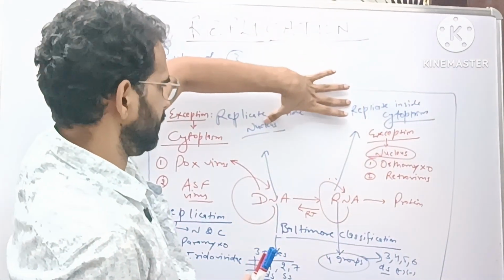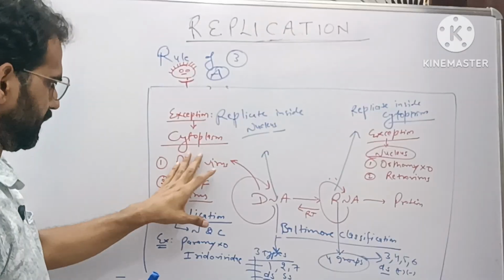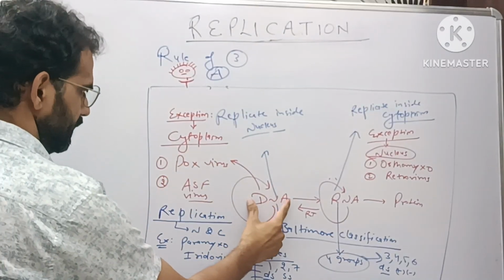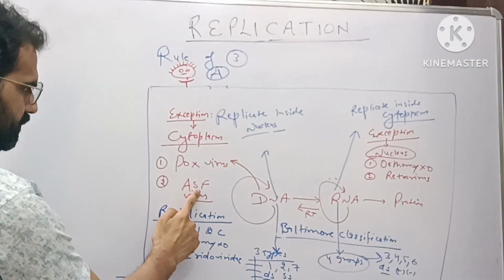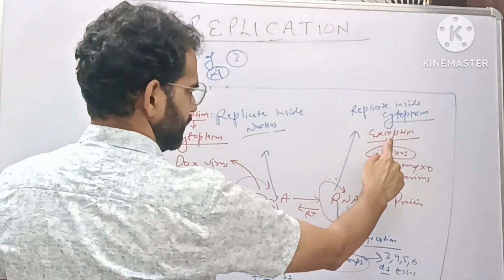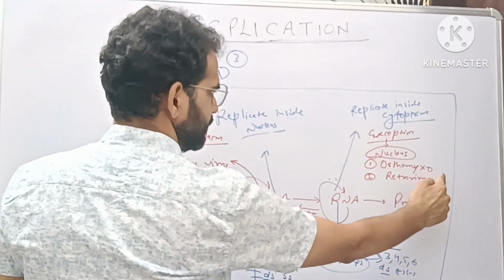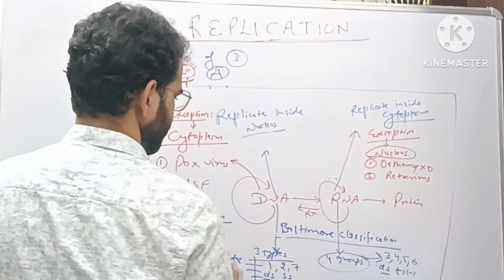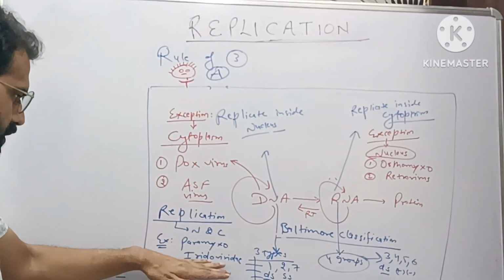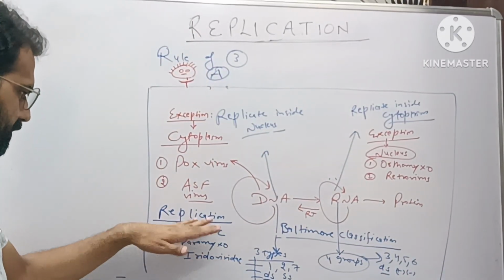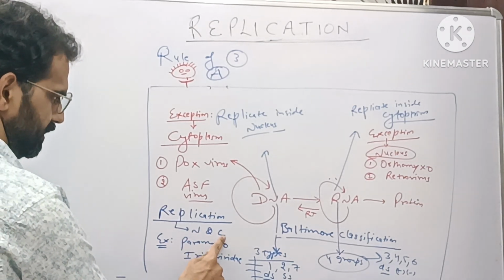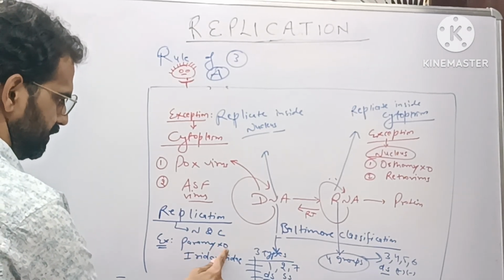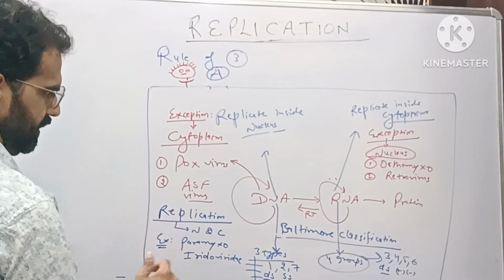This is the general rule. But these two are the exceptions: DNA viruses that replicate in the cytoplasm, pox and African swine fever; RNA viruses that replicate in the nucleus, orthomyxo, influenza viruses and retrovirus. And there are two virus families that replicate in both, some part in the nucleus, some part in the cytoplasm: one is paramyxo, one is iridoviruses.